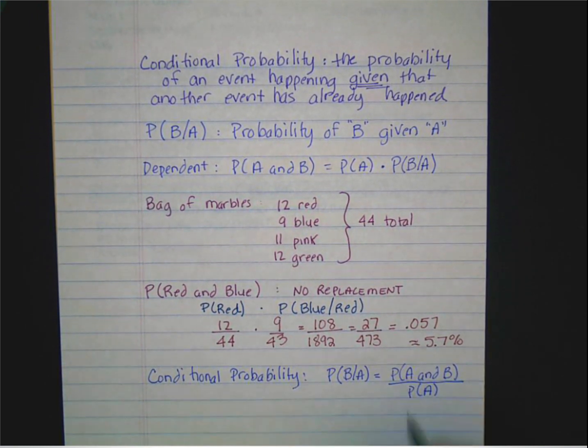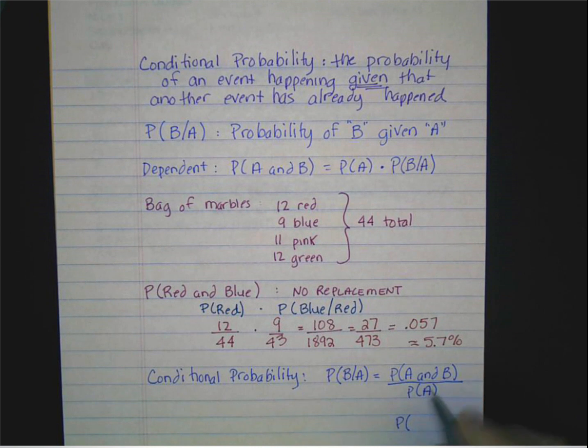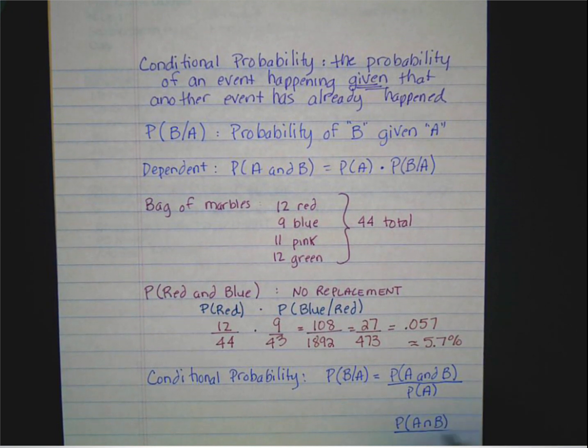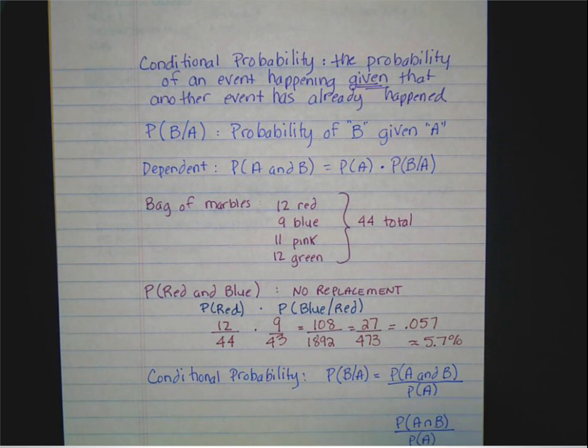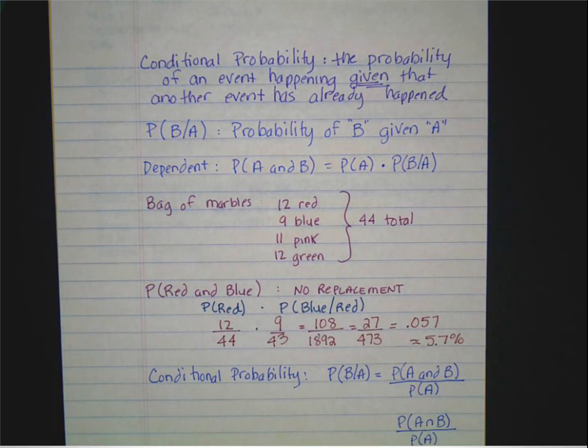Sometimes you'll see this written, like I said, for and, as A intersect B divided by the probability of A. So it means the same thing. Intersection is and. So that's a formula we can use if we're given some different things happening. We can plug those values in.